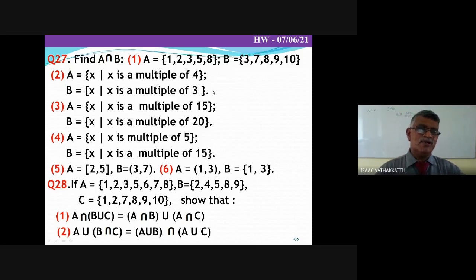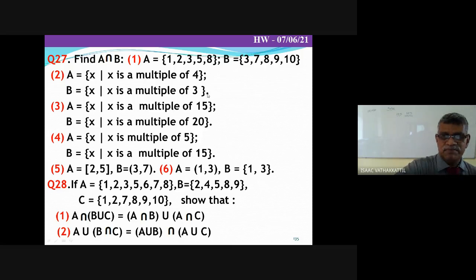What is the common portion of A and B in question number 2? 12. Set of x such that x is a multiple of 12. Not only 12, 24, like that, 36. So either you may write simply 12, 24, dot, dot, dot, I don't mind. Or you may write set of x such that x is a multiple of 12. It can go to any number. It is not limited.